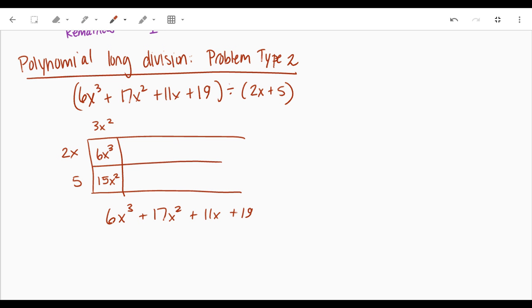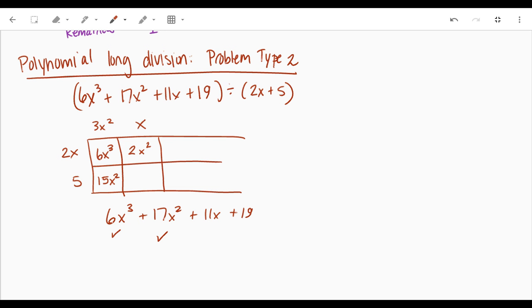So we got our 6x cubed. Our goal is 17x squared, so we need another 2x squared to get there. And then we have our 17x squared, and for that to work, then this needs to be an x.